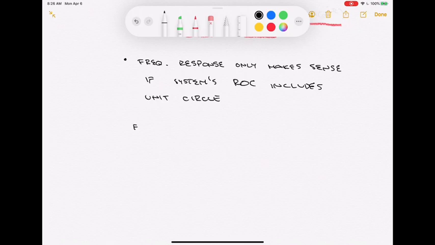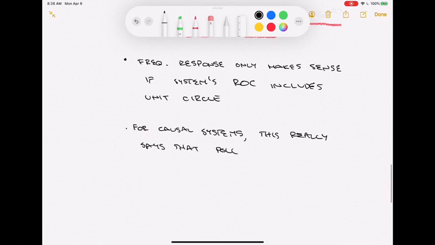For causal systems then, this really says that the poles are inside the unit circle.